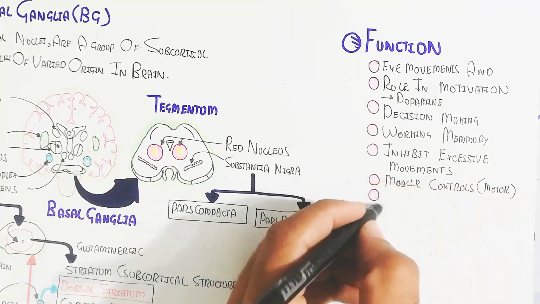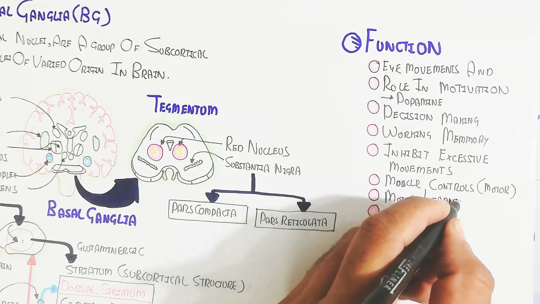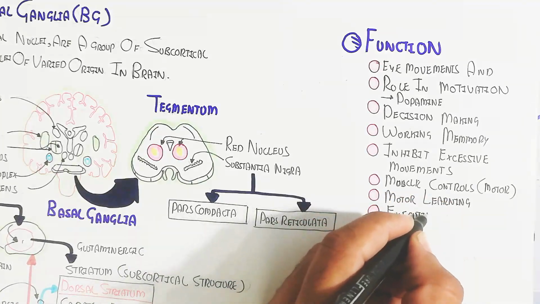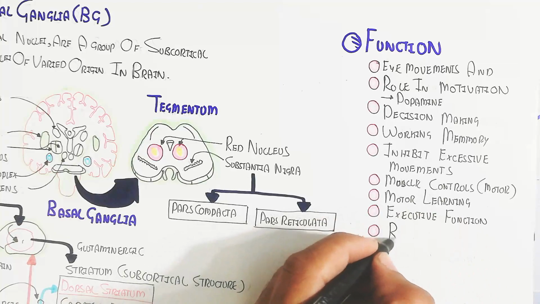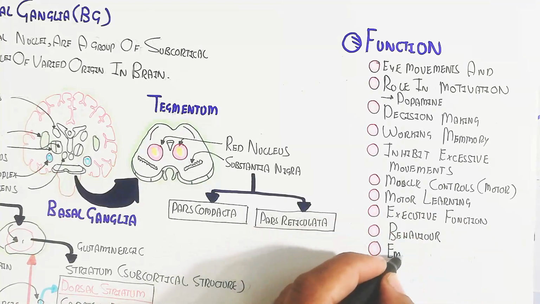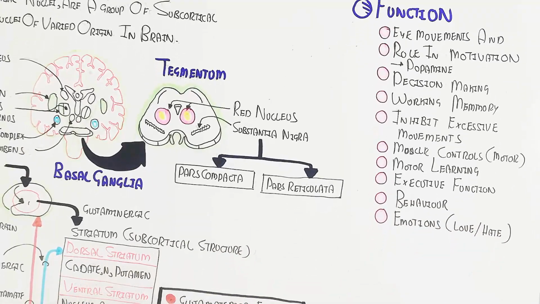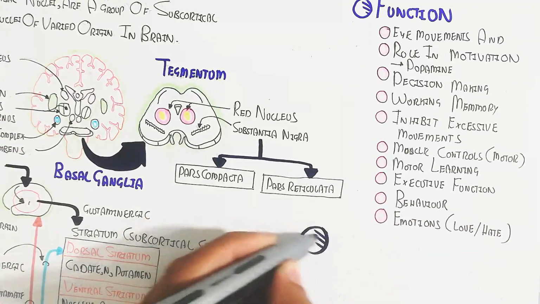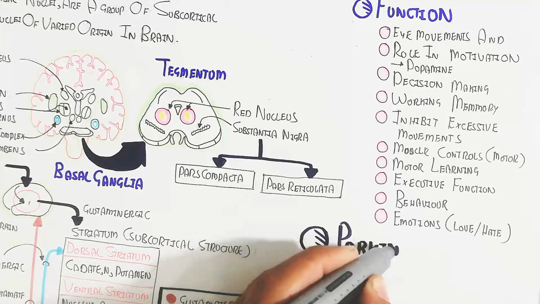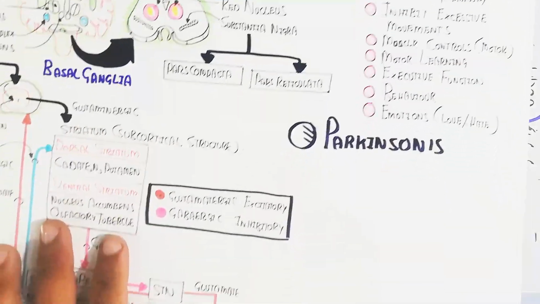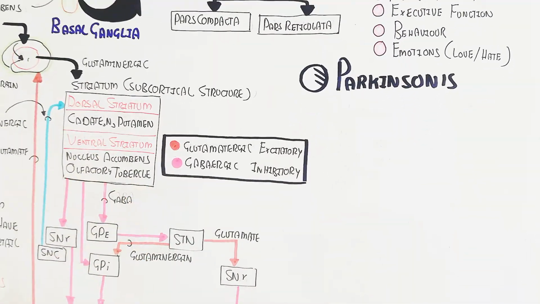Continuous inhibition and excitation will lead to control and muscle control, motor learning, executive function, behavior, and emotion like love and hate will be stored in the hippocampus after the stimulation from the thalamus to the hippocampus.